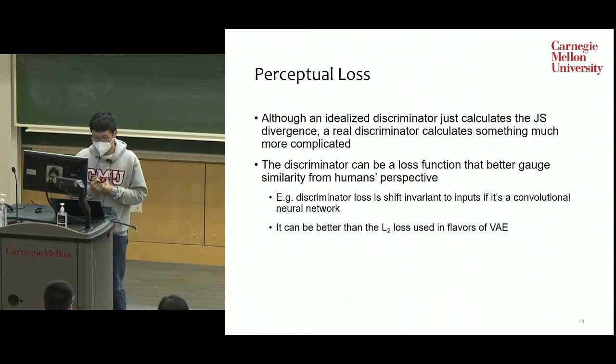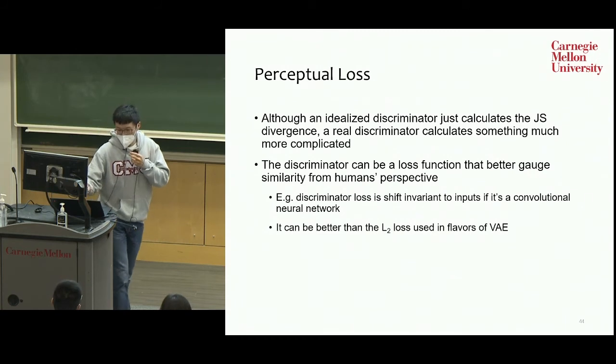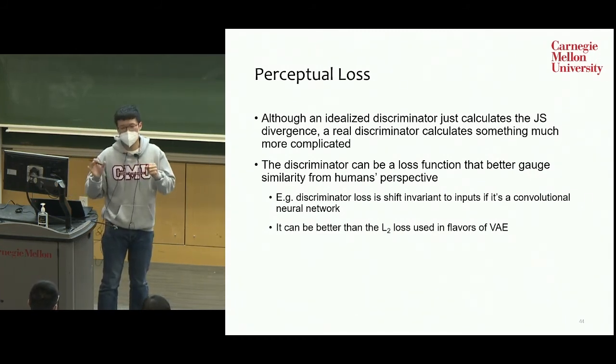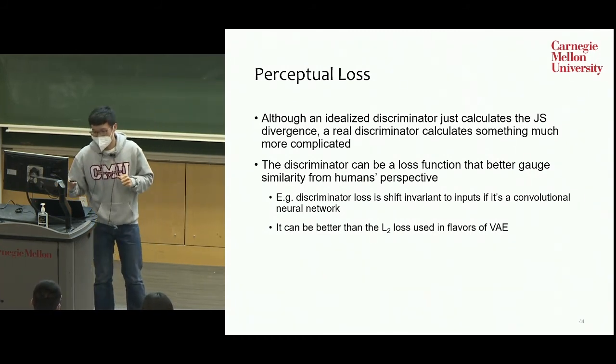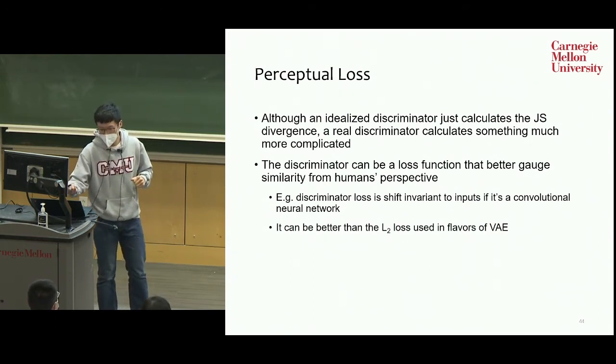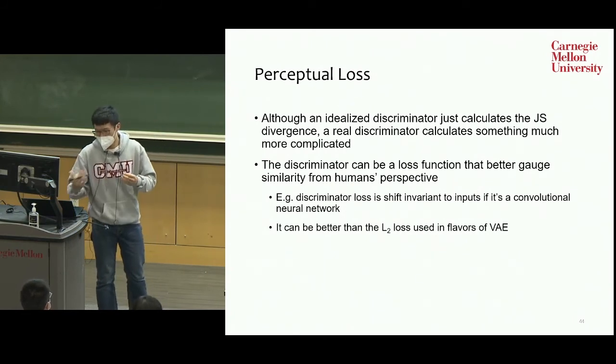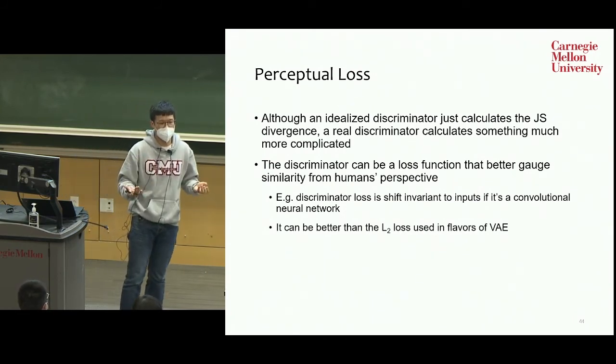So the key difference, I believe, is in the concept of perceptual loss. As I've written here, although an idealized discriminator calculates JSD, a real discriminator calculates something more complex. For example, if your discriminator uses a convolutional neural network, then it's somewhat shift invariant, right?